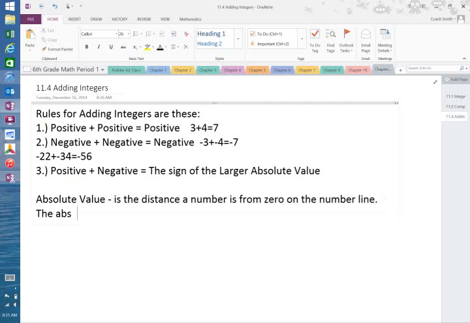The absolute value of all numbers is never negative.